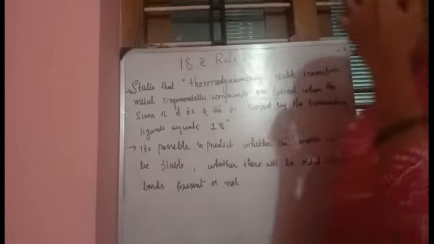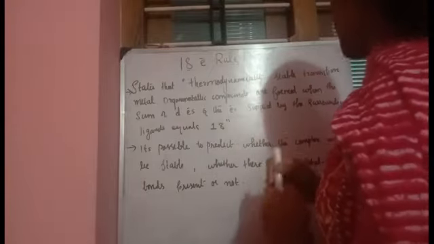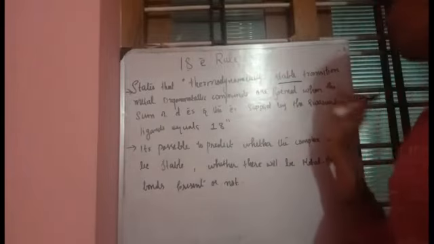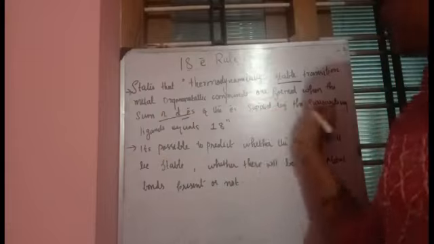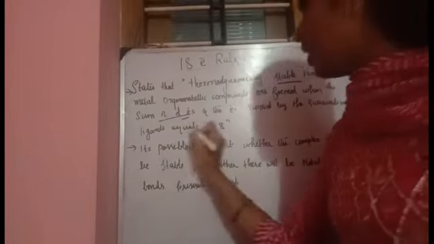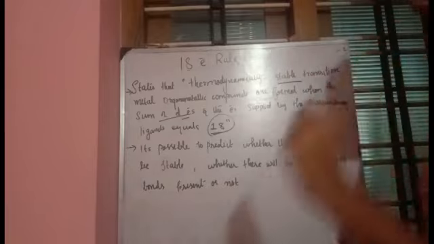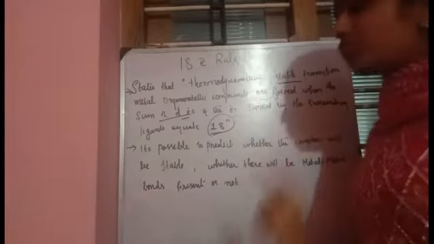Okay. So 18 electron rule simply states that thermodynamically stable transition metal organometallic compounds are formed when the sum of d electrons and the electrons supplied by the surrounding ligands equal 18.